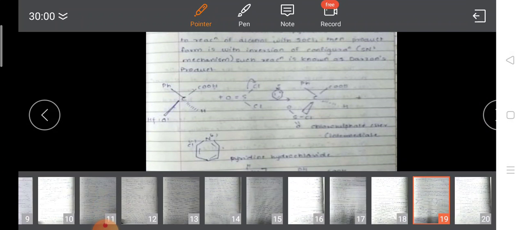Phenyl hydroxy ethanoic acid, because two carbons are there. Ethanoic acid is also called CH3COOH, acetic acid.